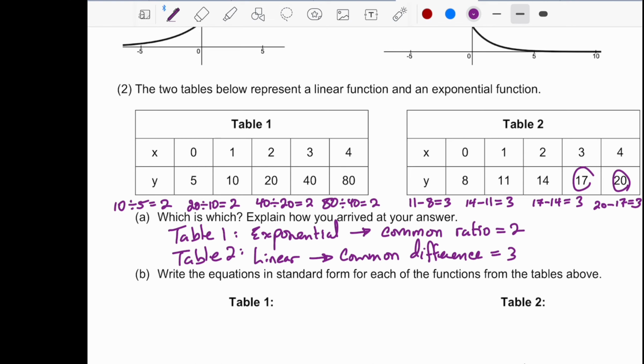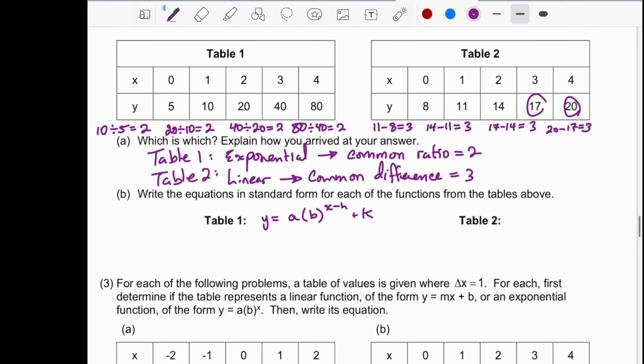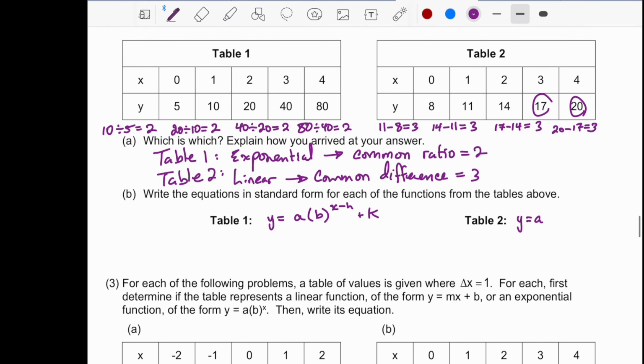All right. So then to write the equation in standard form, we'd start off with, well, the first one's exponential. So we start off with our exponential model, a times b to the x minus h plus k. And for the second table, it's going to be y equals a times x minus h plus k. All right.